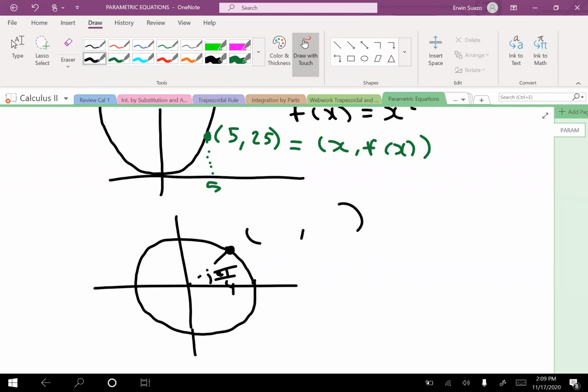Is it square root of 2 over 2 and square root of 2 over 2? That's correct, but I would like you to give me the general one. Let's say instead of pi over 4, I have theta. So if this angle is theta, what will you tell me here? What are the coordinates?